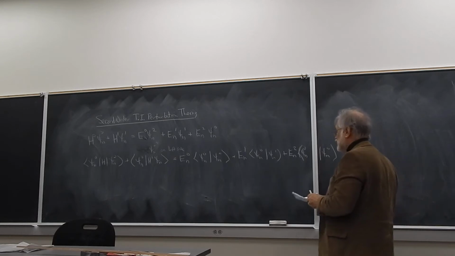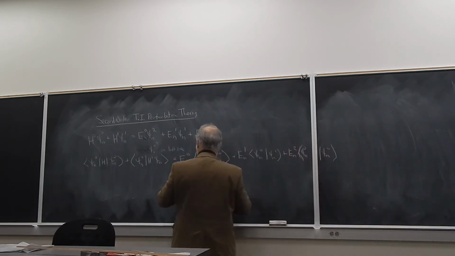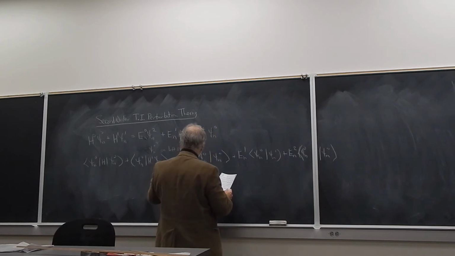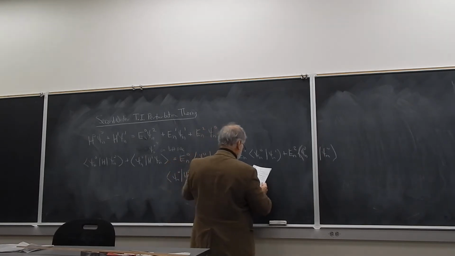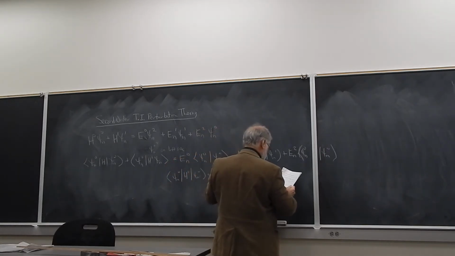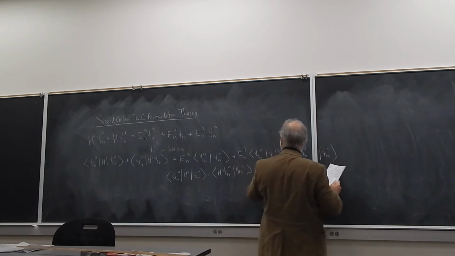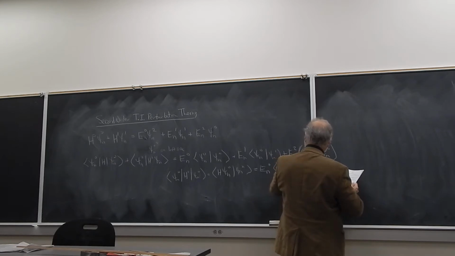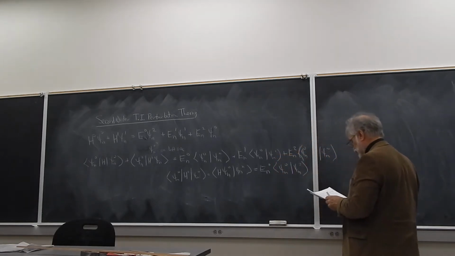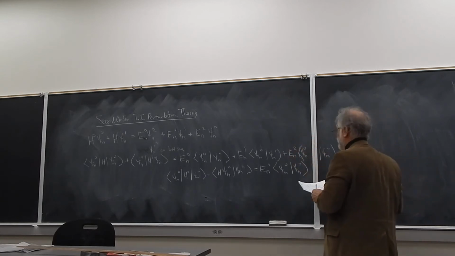Now the assumption is that H0 is Hermitian, and therefore what we expect is that psi n0, H0 applied to psi n0, is equal to E n0 psi n0 psi n2. That means the first term on the left cancels the first term on the right.